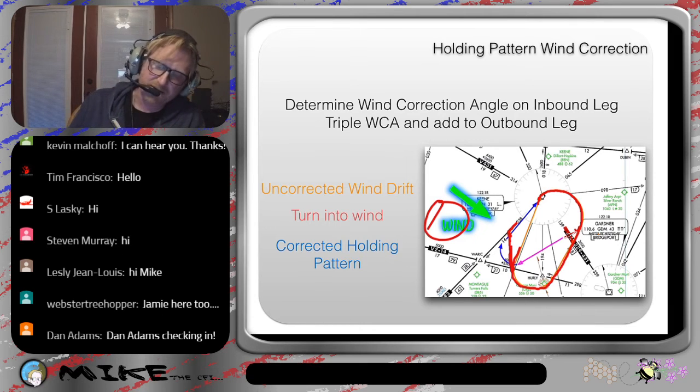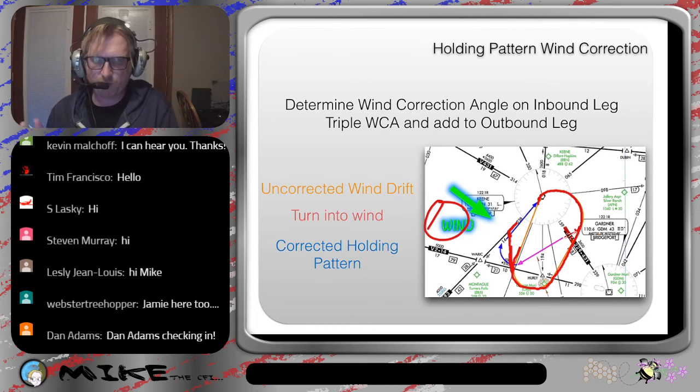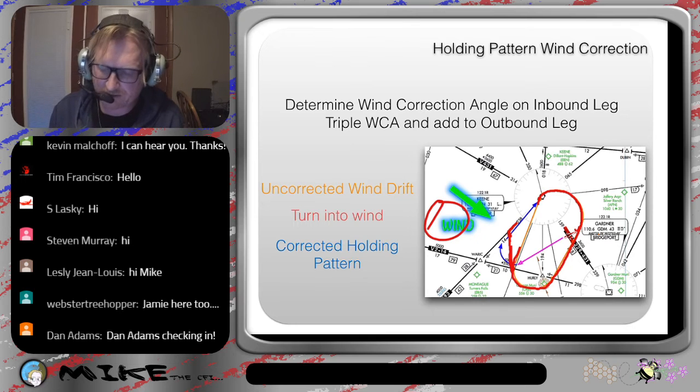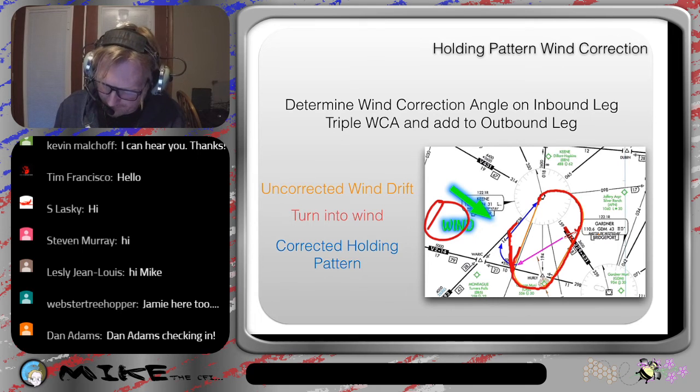And now, sometimes this requires a little bit of witchcraft getting going here, but the book says that if we can identify what our wind correction angle is going inbound, so let's say that we had to maintain a 5-degree wind correction angle inbound, then what we would do is triple that correction outbound.